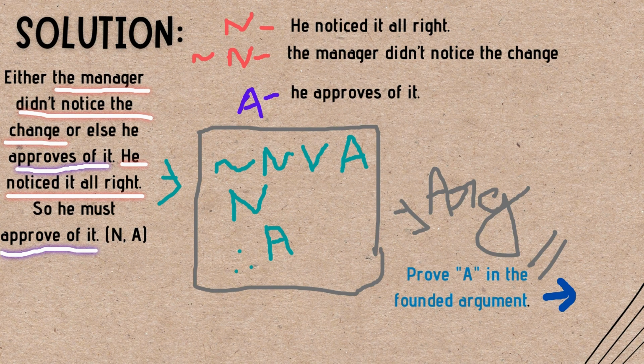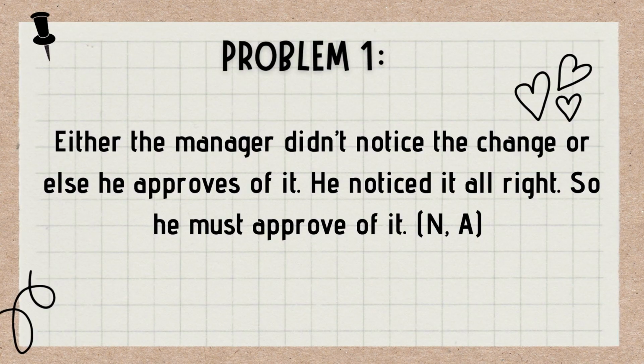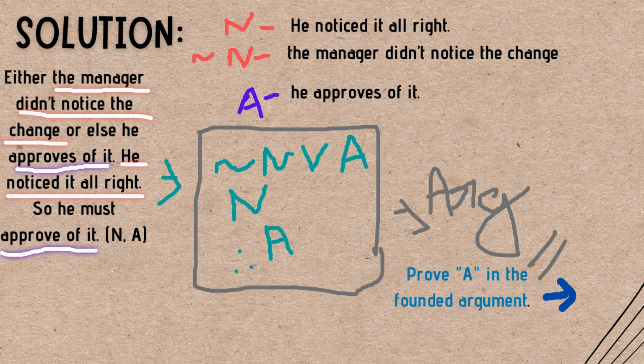If this is a question, the first thing we do is read the statement and break it into sentences, each sentence being a premise. They have already given the variables n and a. Using these variables, we form the argument.